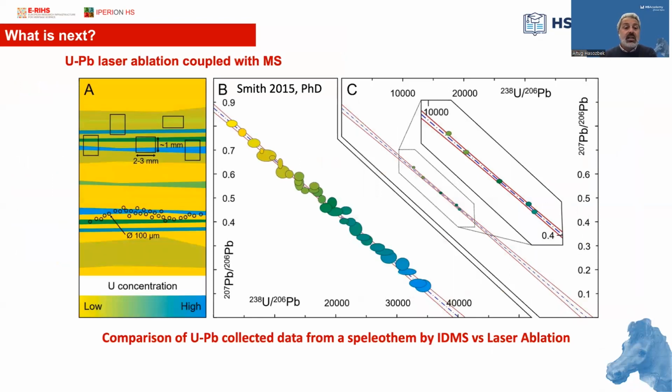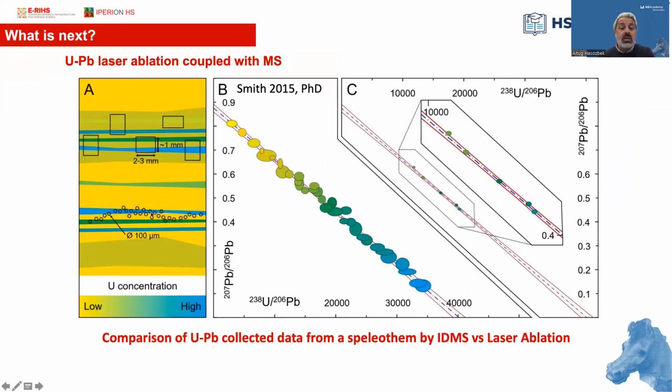And here you can see how uranium-lead laser ablation can give you more data. On the left side, you can see the speleothem, for example, let's assume that this is from Atapuerca, and you want to have this precise dating. You have to go through more than 100 samples with the laser ablation.